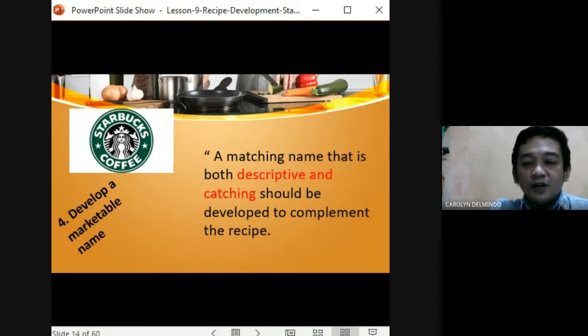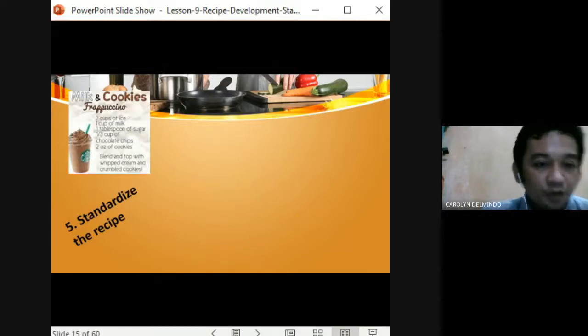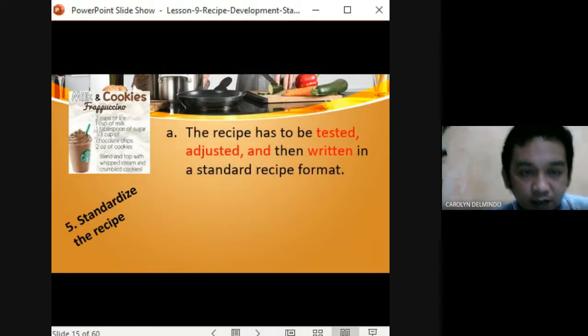So in relation with your final project, you have to create your own company name or brand name. Kasama po kasi yun sa magiging project nyo po. So, sa product development or recipe development and standardization. Okay? Number 5 is standardize the recipe. Okay? The recipe has to be tested, adjusted, and written in a standard recipe format.